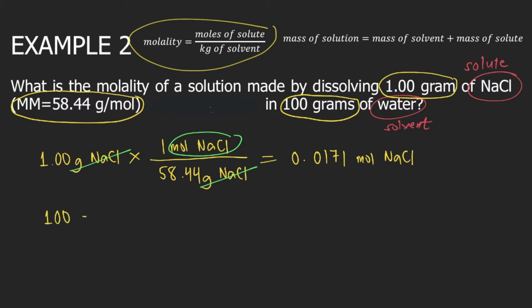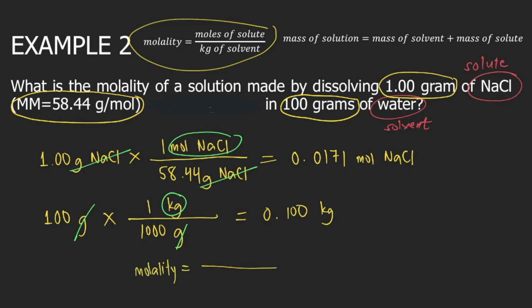So 100 grams of the solvent, we know that 1 kilogram is equivalent to 1,000 grams. So grams will cancel, and this becomes kilograms. So 100 times 1 divided by 1,000, that is equal to 0.100 kilograms. So the kilograms of solvent is 0.100. Now we can use the formula for molality.